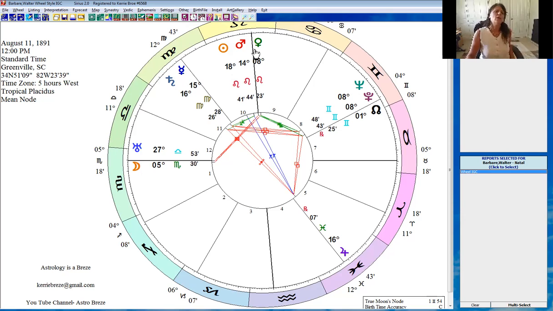Look at Venus. What they value is right on the midheaven, and it's in Leo, a kingly, queenly thing. A little wide conjunction to Mars. They're kind of doing that little cosmic dance, and over there at the sun, I'm almost thinking, from what I'm getting so far, is like almost.